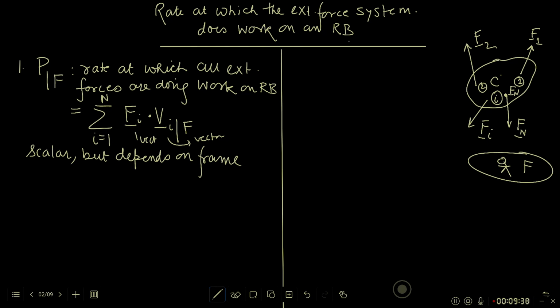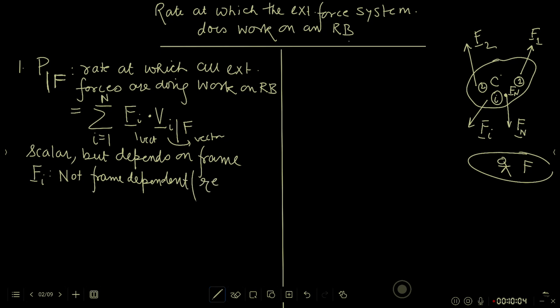But why is this a frame dependent quantity? In fact, to highlight that, I have used this symbol P bar F. Is the frame dependence coming because of Fi? No, this is not frame dependent. All forces in this course are real.